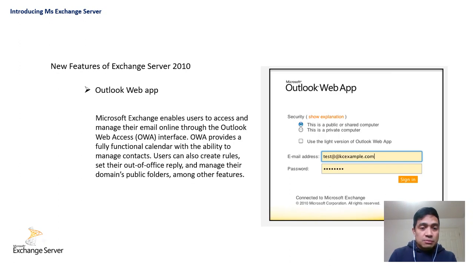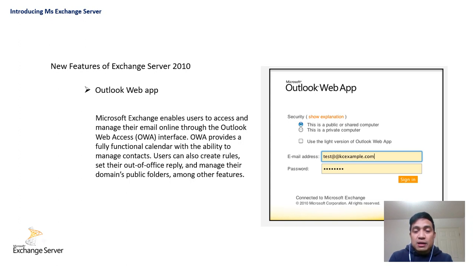Okay. So Microsoft Exchange enables users to access and manage their email online through the Outlook Web Access, or OWA, interface. OWA provides a fully functional calendar with the ability to manage contacts. Users can also create rules, set their out of office reply, and manage their domain public folder, among other features. So this is on the screen.